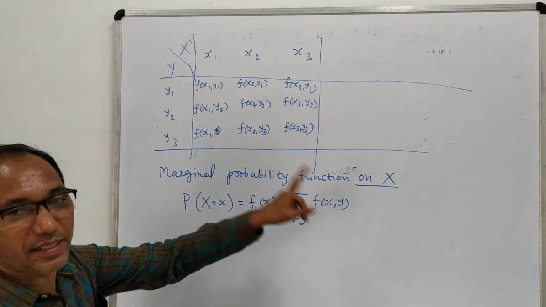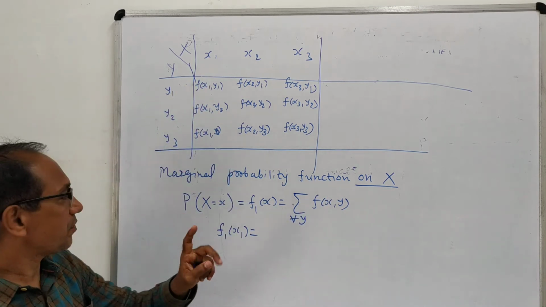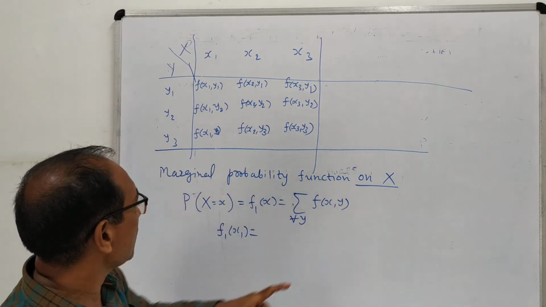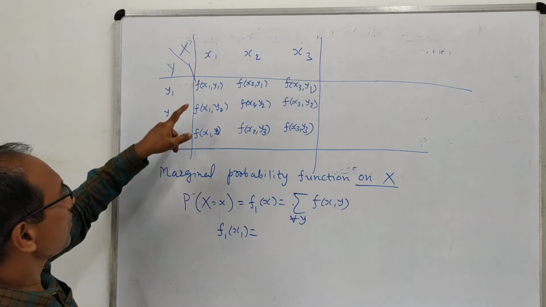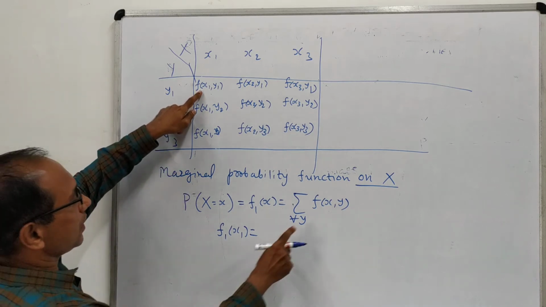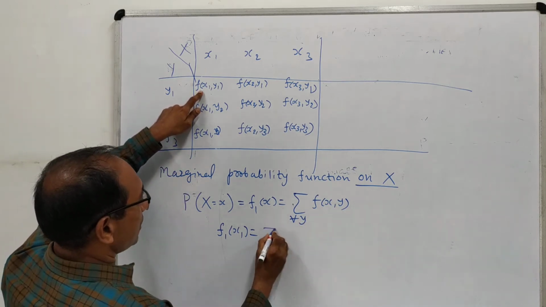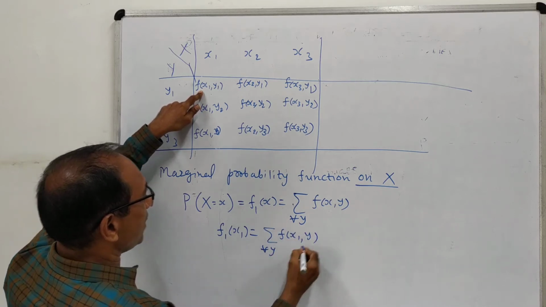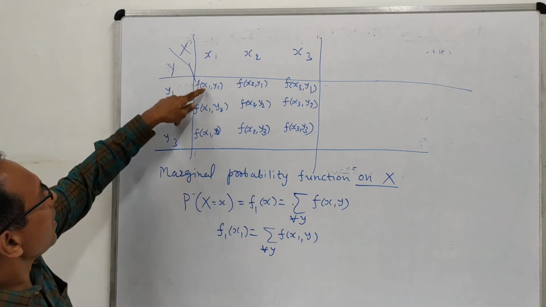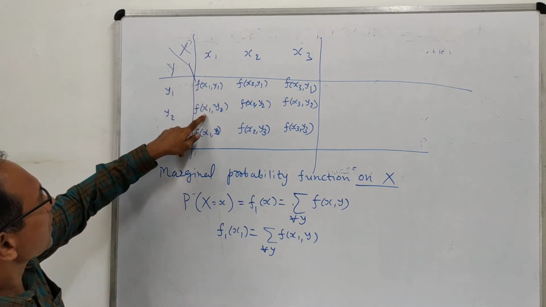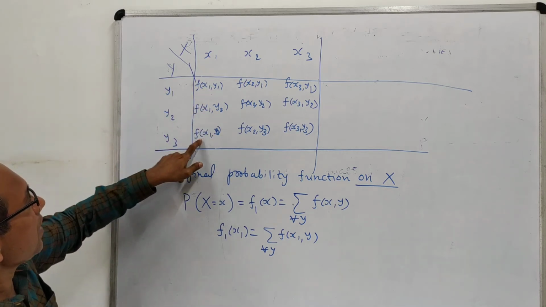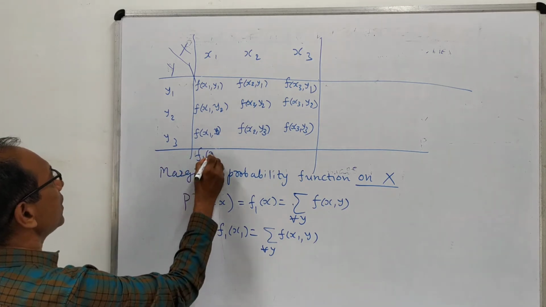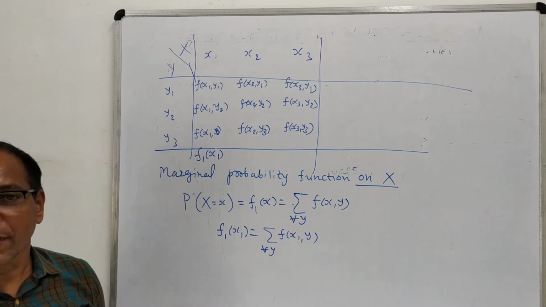Here x1 is fixed, and that's why we call this the marginal probability function on X. So f1(x1) is the sigma for all y of f(x1, y). Since x1 is fixed, it is f(x1, y1) plus f(x1, y2) plus f(x1, y3). So this is known as f1(x1). Are you clear with this?